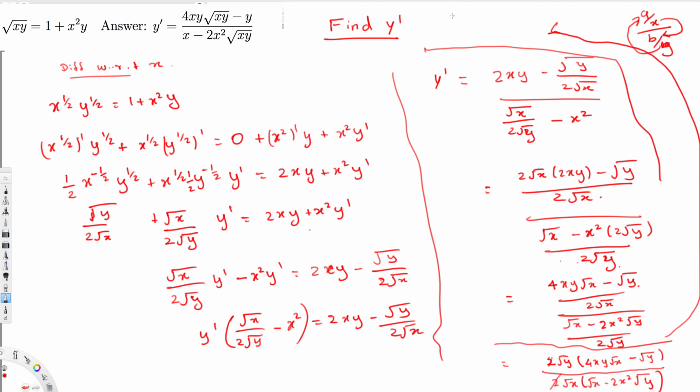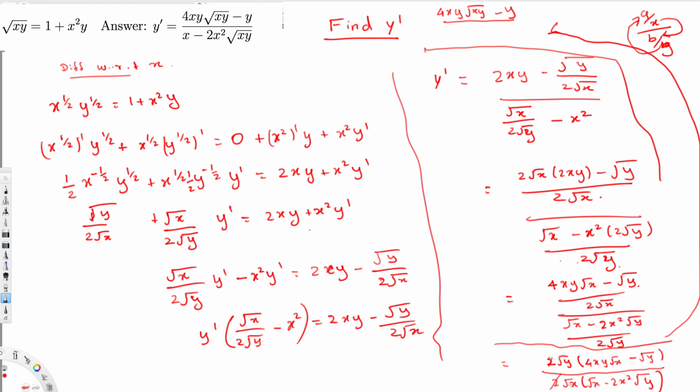That's going to be the final answer, so I can write it here. If I multiply this square root of y with this one, I will get 4xy square root of xy, and if I multiply the square root of y with this one, it's going to become y.